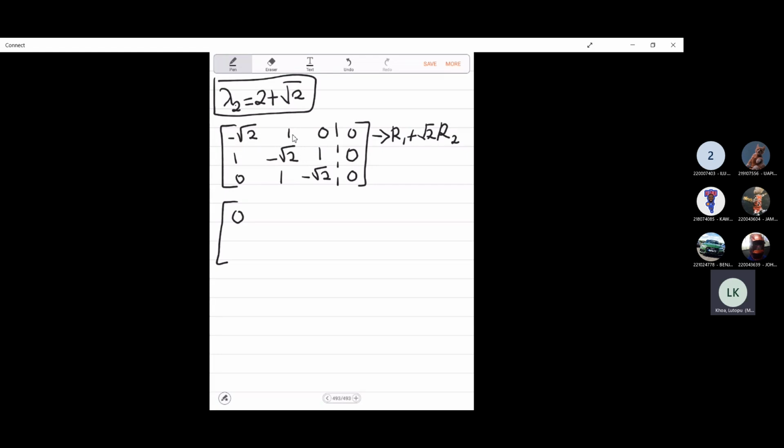And then we have 1 plus negative, so it will just be 1 minus square root of 2 times square root of 2, which is 1 minus 2. 1 minus 2 is negative 1. And then 0 plus square root of 2 is square root of 2. So 0 here. And then second row, I'll leave it as it is for now.